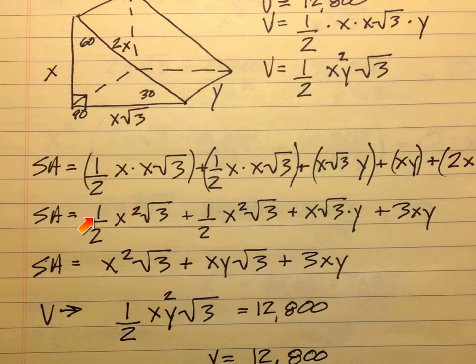You have a half x squared square root of 3, and then a half x squared square root of 3. Half and half is 1. So you just have 1 x squared square root of 3. And then for this term here, put the y out with the x. xy square root of 3, and then of course this stays the same. That is the simplest form we can come up with right now.